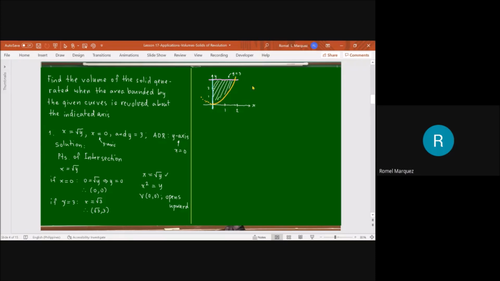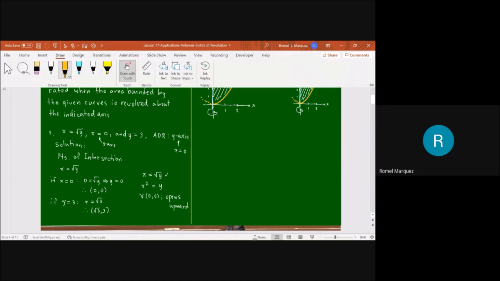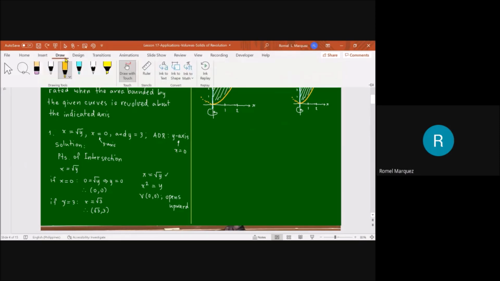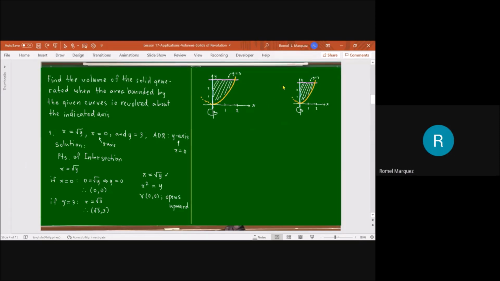So if I revolve it about the line x equals 0, that is, about the y-axis, we will be able to form a solid. So this is the solid that we will form. Let me make it smaller, just to show the solid form. Let's have just the white, to show you how the solid looks.